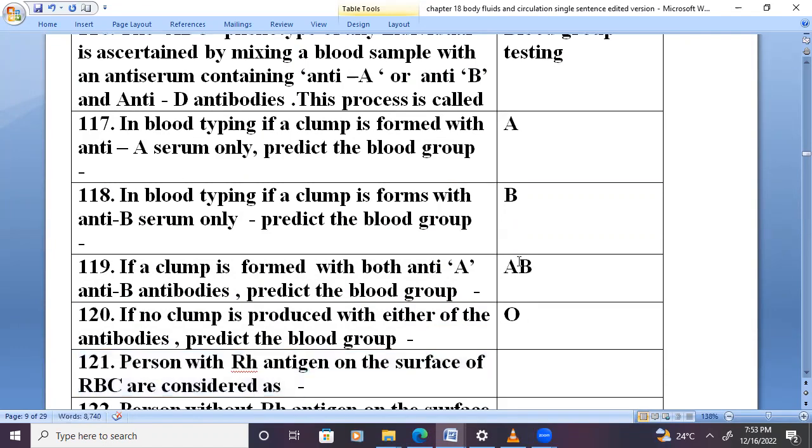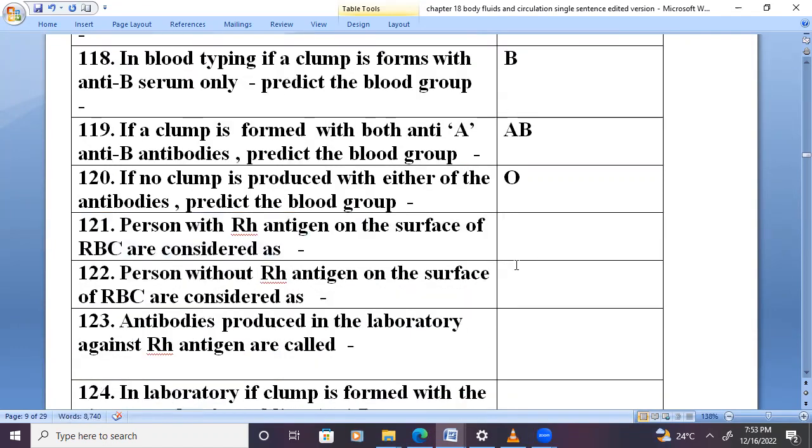Persons with an RH antigen on the surface of RBC are considered RH positive. Persons without RH antigen on the surface of RBC are considered RH negative. Antibodies produced in the laboratory against RH antigen are called anti-D antibodies.